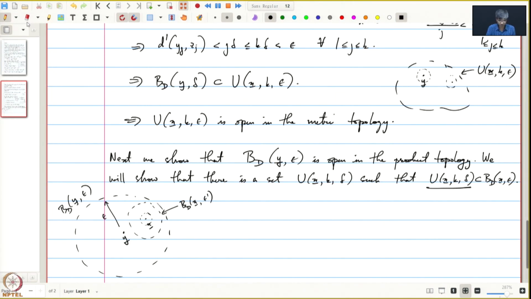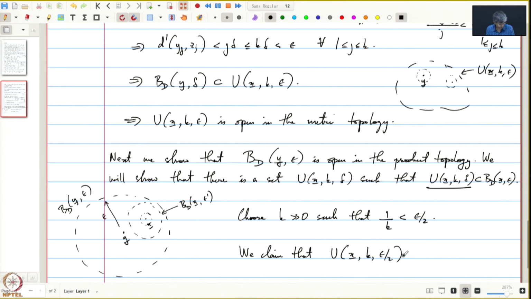So let's begin with the proof. Choose k large such that 1 upon k is strictly less than epsilon by 2. Then we claim that U x k epsilon by 2 is completely contained inside B d x bar comma epsilon. Let us prove this.